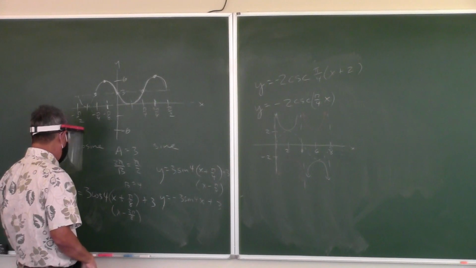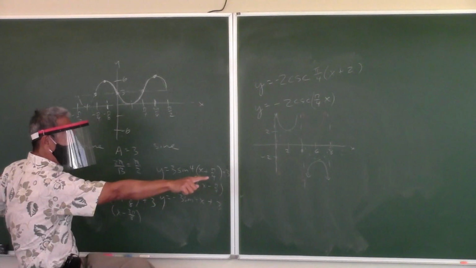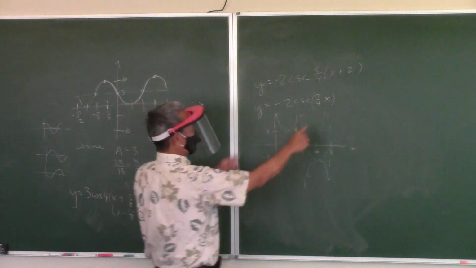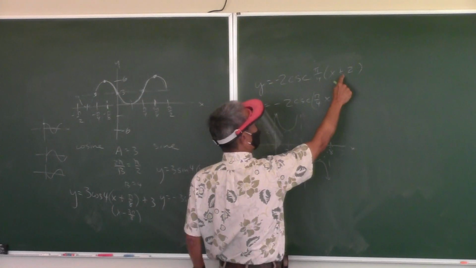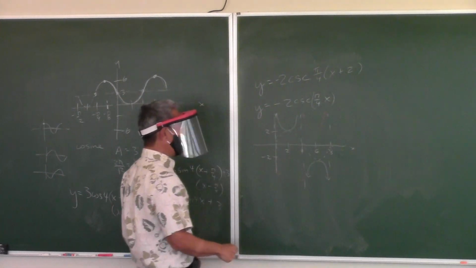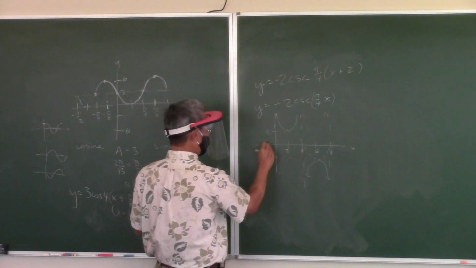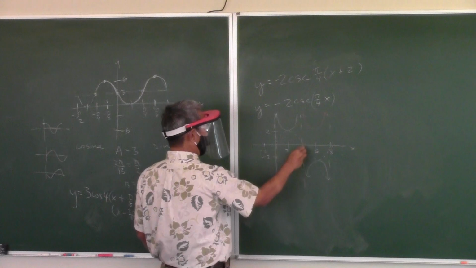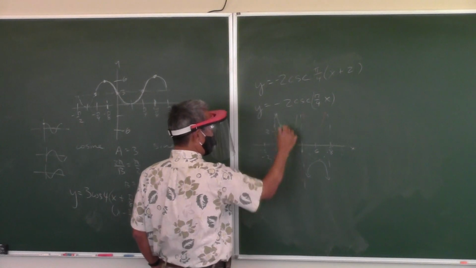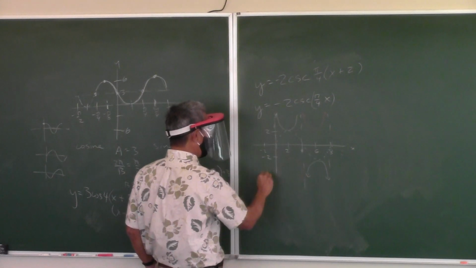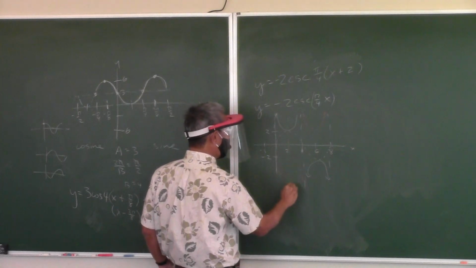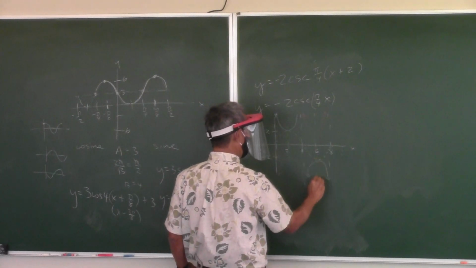Okay, and then just one more thing we have to do. We have to shift it, right? We just graphed this, now we have to do this. What does this do? Shift everything 2 to the left, so everything goes 2 to the left. So I like to do the asymptotes first. You see the 3 asymptotes? Move them all 2 to the left.